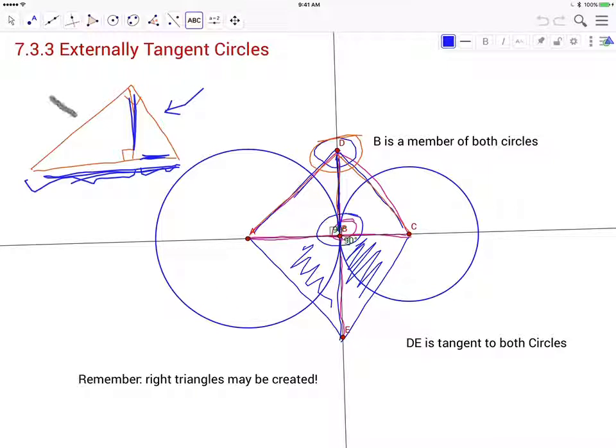And we know that this side is the geometric mean of this side and the whole. So just don't forget all those things relative to right triangles, and we'll have a blast with these. So these are two externally tangent circles.